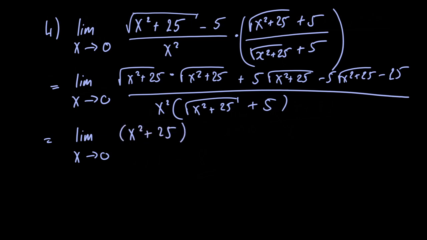And 5 times the square root of x squared plus 25 minus 5 times the square root of x squared plus 25 is equal to 0.